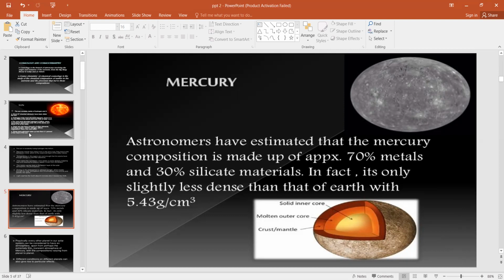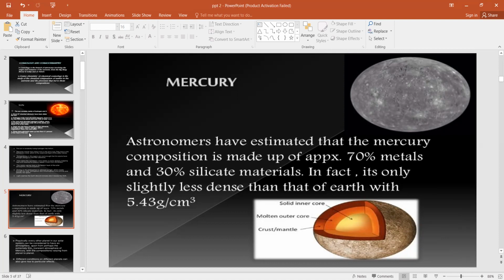The core takes up about three quarters of the planet's diameter. Mercury's iron core is nearly the size of the Moon, which makes up most of Mercury's weight. Mercury is also believed to be the most iron-rich planet in our solar system.